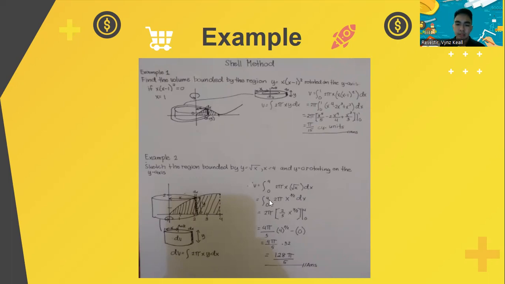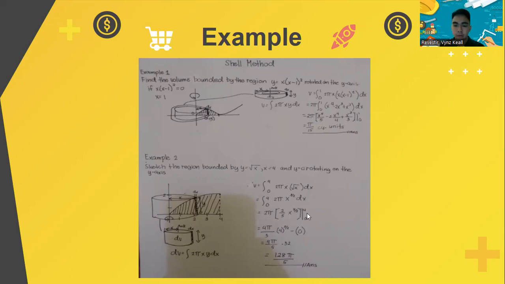So 2 pi integrate: 2 over 5 times x raised to 5 over 2, with limits 0 to 4.